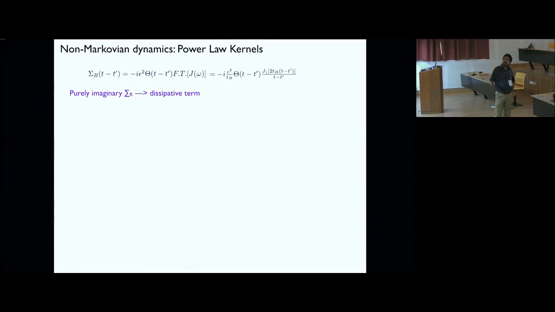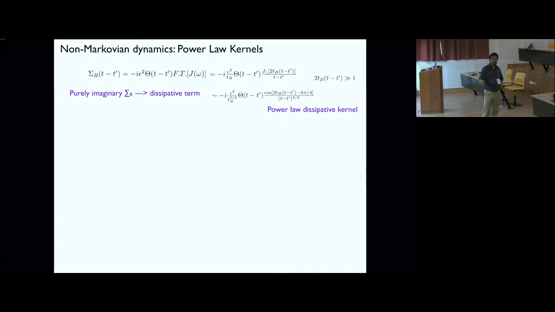First of all, it's a purely imaginary part, so it's a purely dissipative term coming from the bath, so no dressing in this case. But if you take this object and go to large times, you get a power law, and the Bessel goes as 1 over root t, so you basically end up getting a power law dissipative kernel. That's your first signature that you cannot probably do something very local.